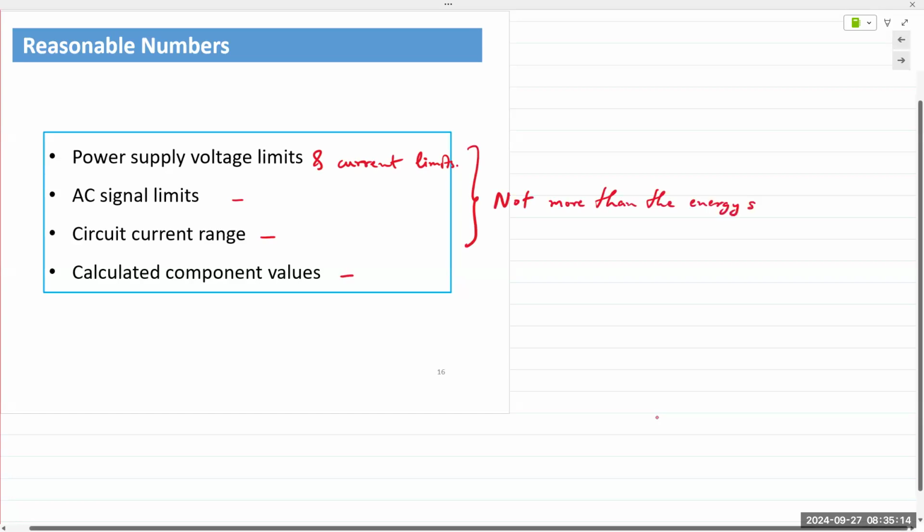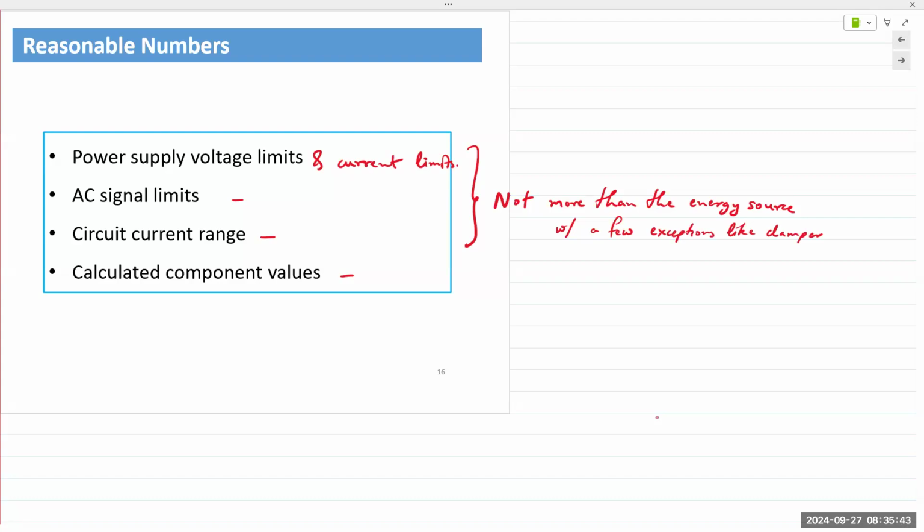Not more than the energy source with a few exceptions, like clamper circuits. Okay.